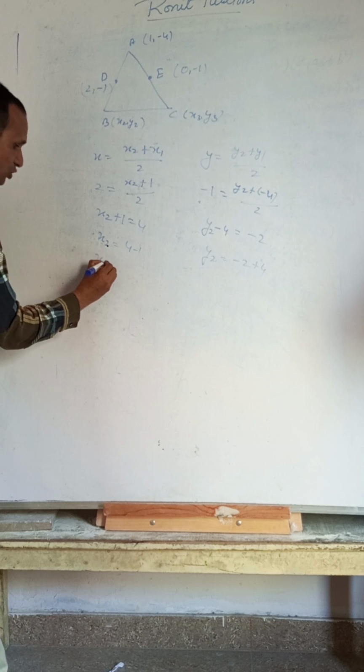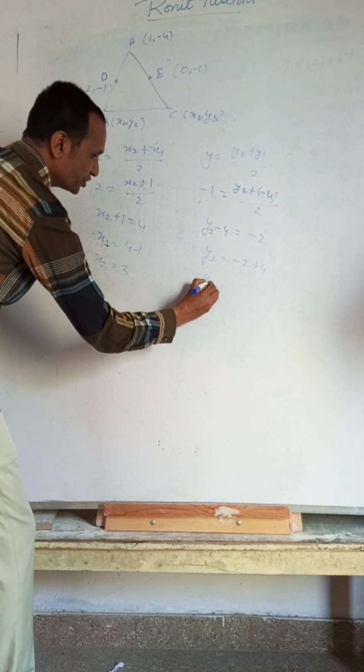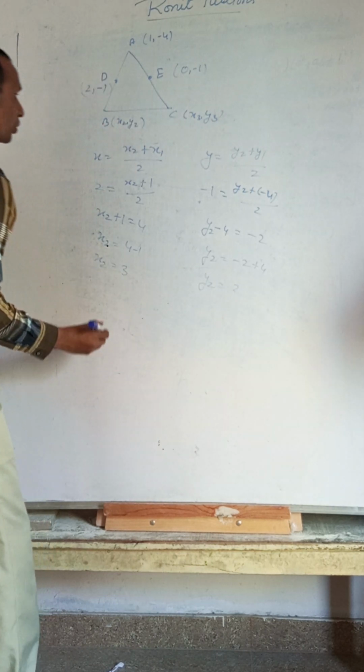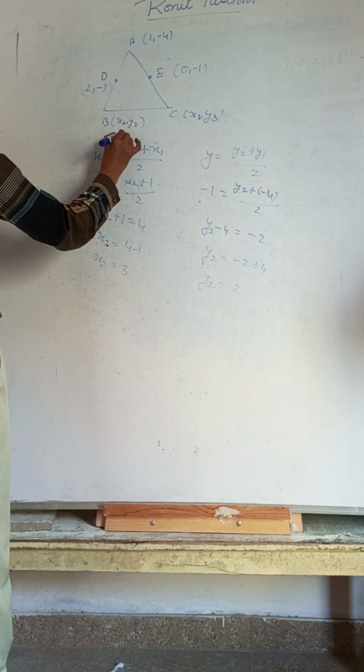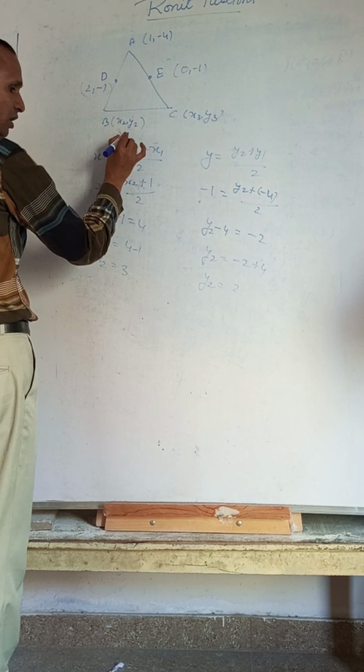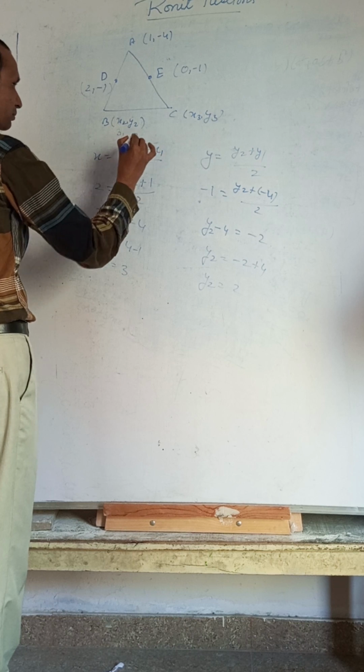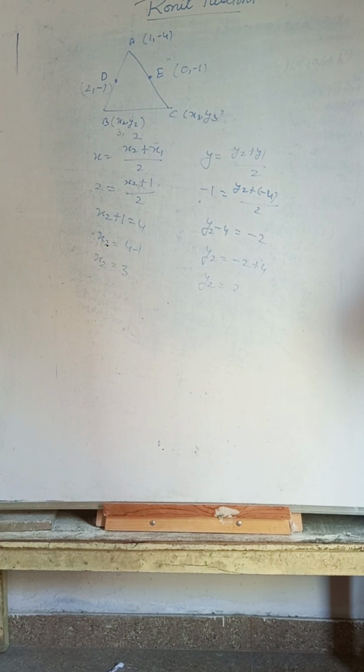Then x2 = 3 and y2 = 2. So we write this point as (3, 2). We got this here.